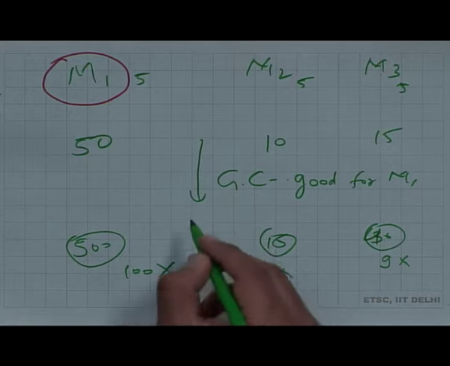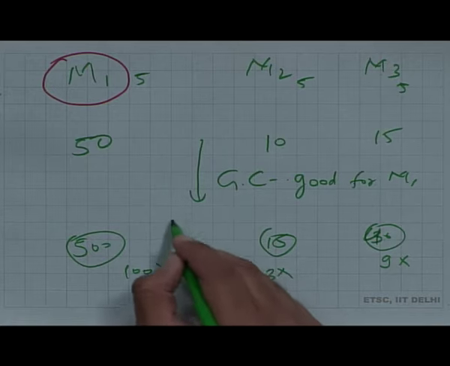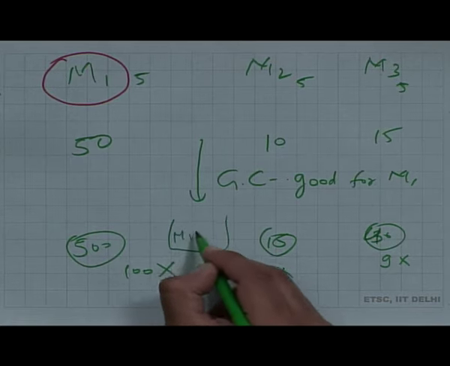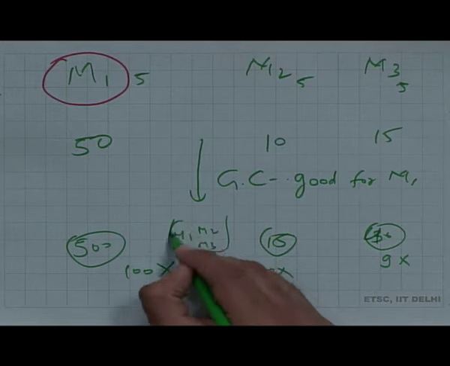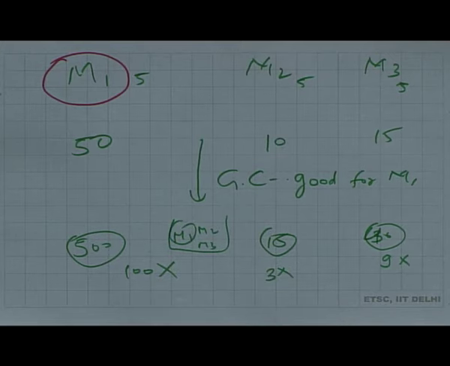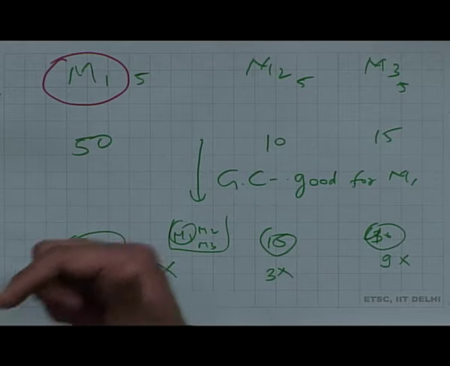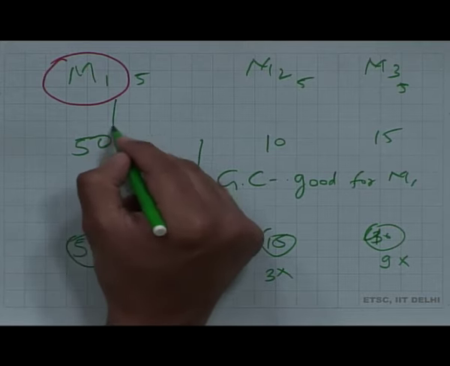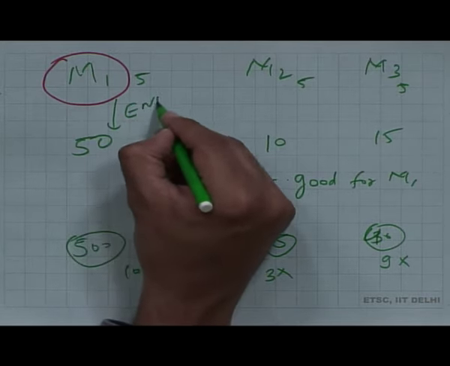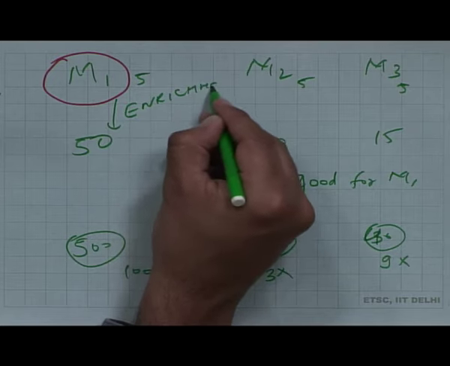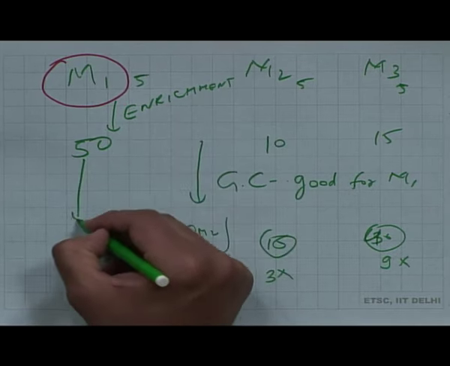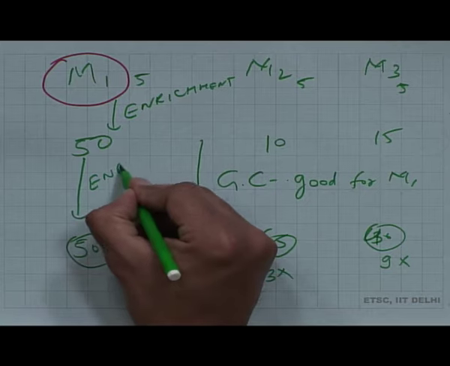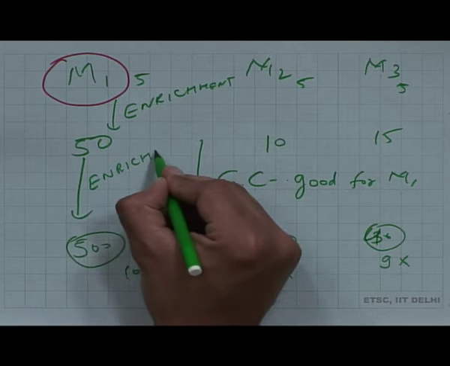So, now if you take a culture from here where you have M1, M2 and M3, the majority of the population is M1. What we did before, increasing from 5 to 50, is enrichment, and this is also enrichment, but enrichment with subculturing again.